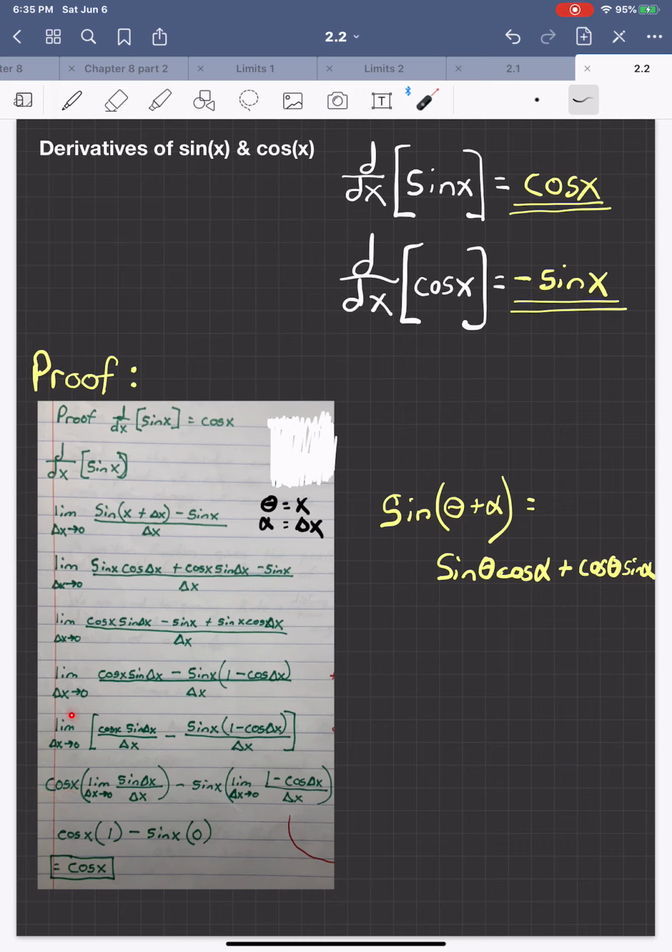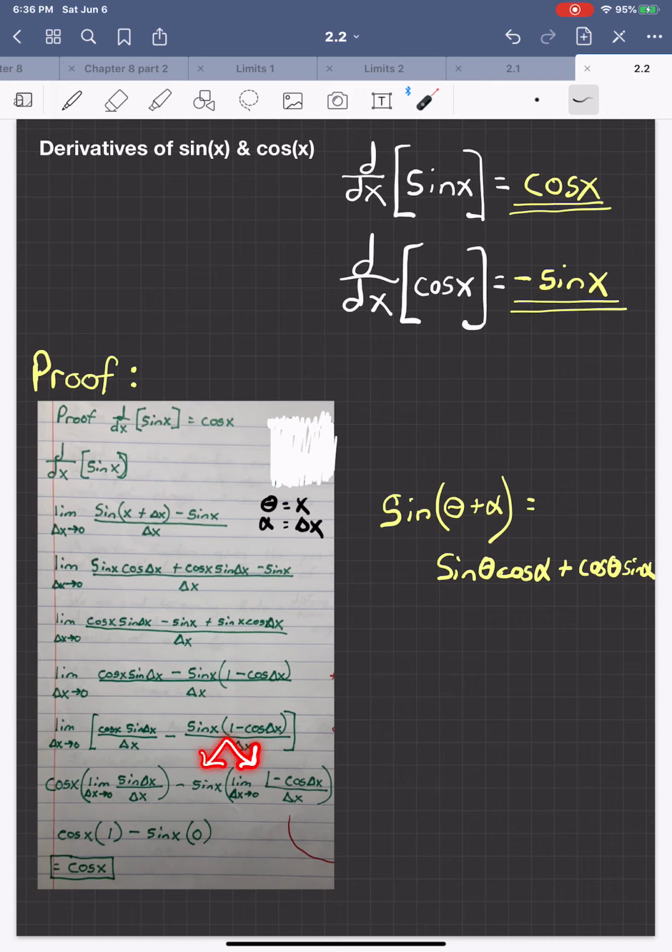So the limit deals with delta x only. From here, I'm just splitting it up, putting the part with delta x's attached to my limit, and the part without delta x's out front. Okay, so doing the same thing over here.